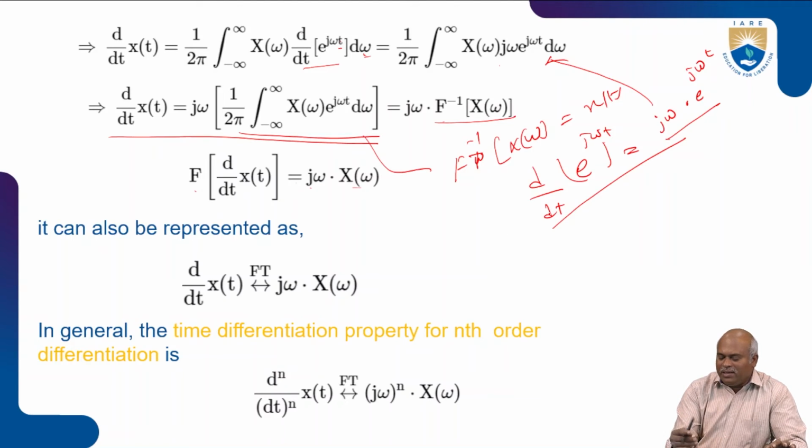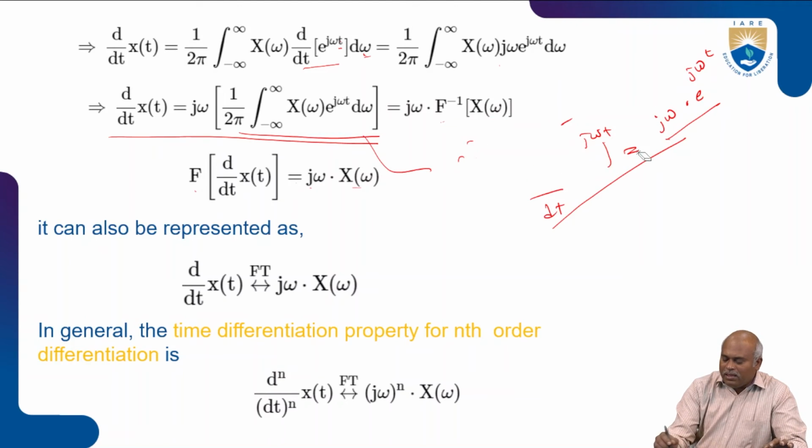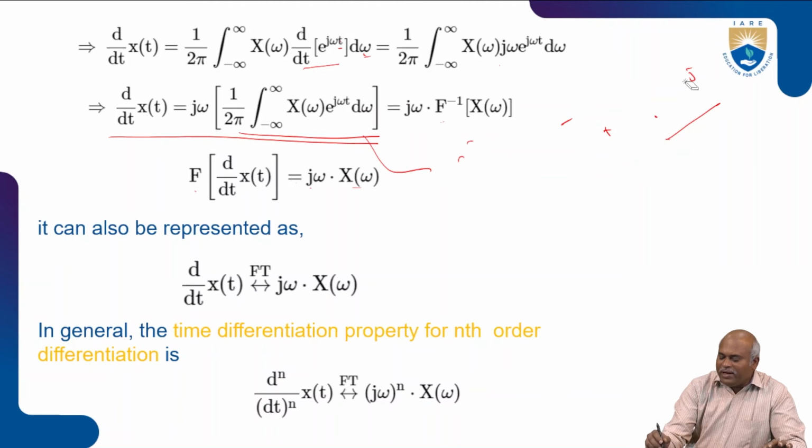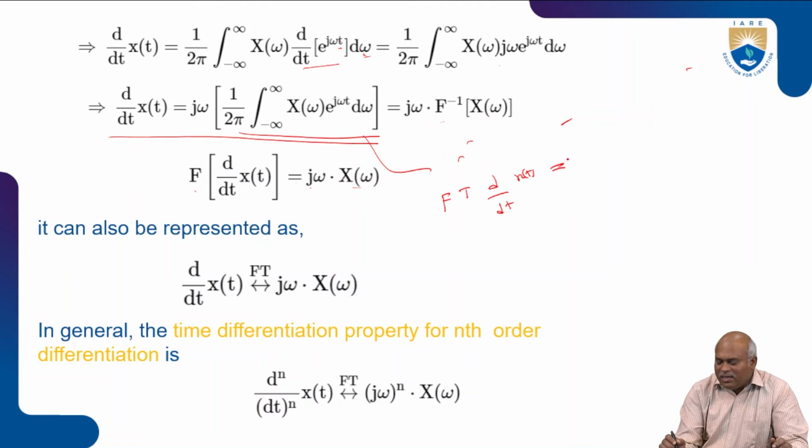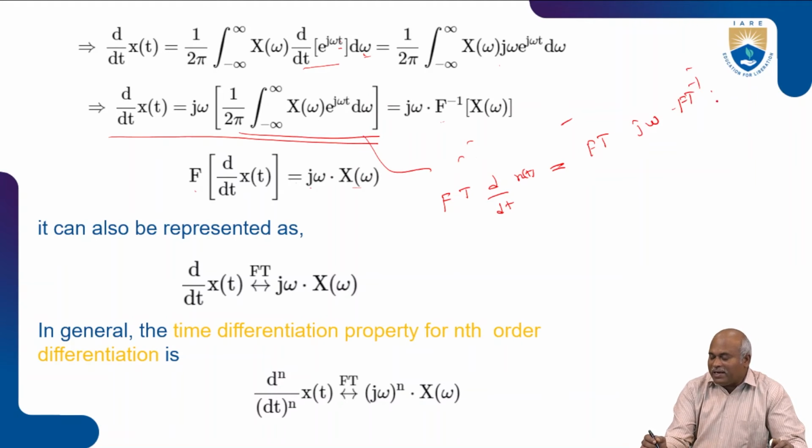I should write it here as the condition for the Fourier transform of differentiation: the Fourier transform of d/dt x(t) equals F[jω F⁻¹[X(ω)]].